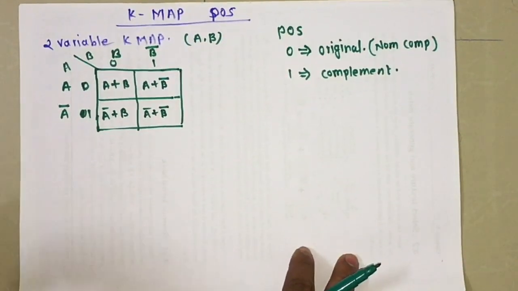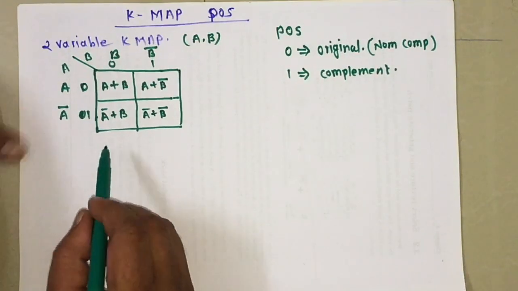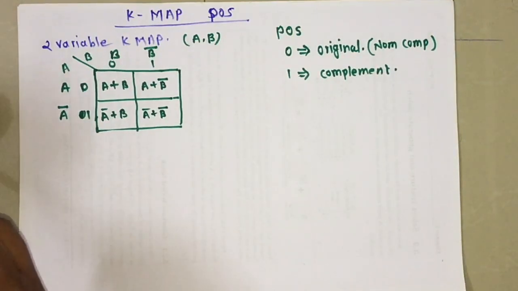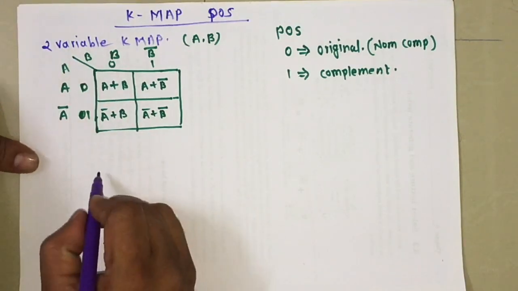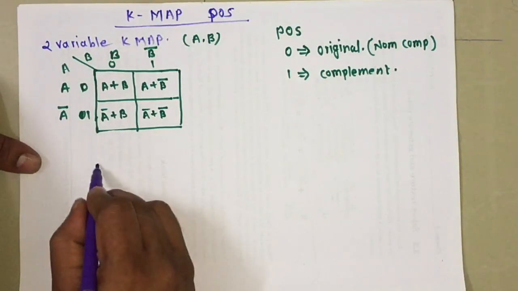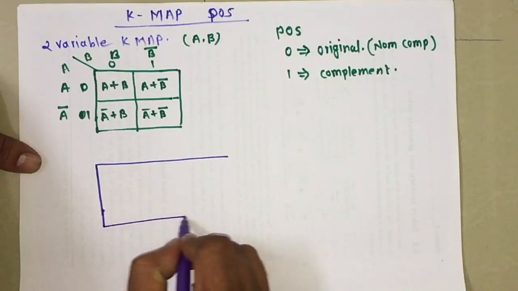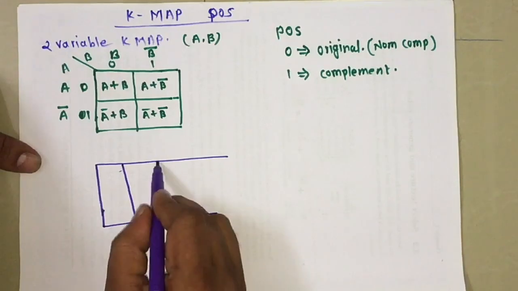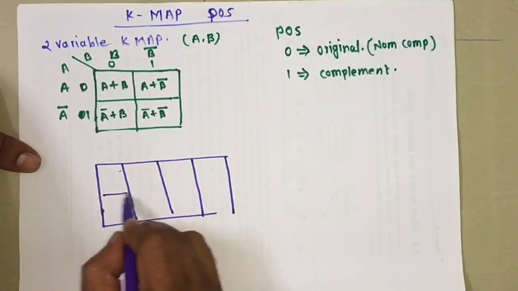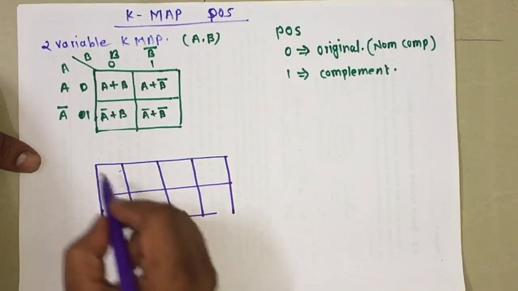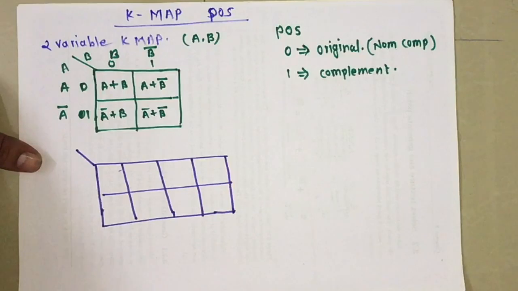Same, suppose we consider 3 variables. For 3 variables, 2 raised to 3 is equal to 8. So we need to draw 8 square boxes. This is first, second, third, fourth, total 8. For 3 variables we can draw the K-map in 2 ways.